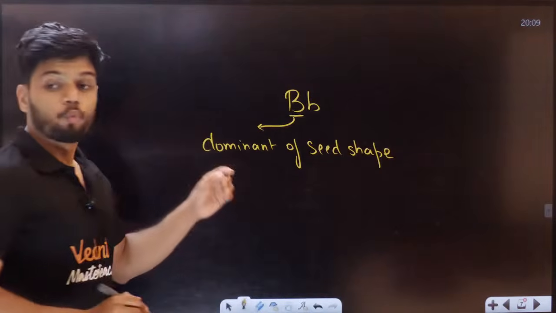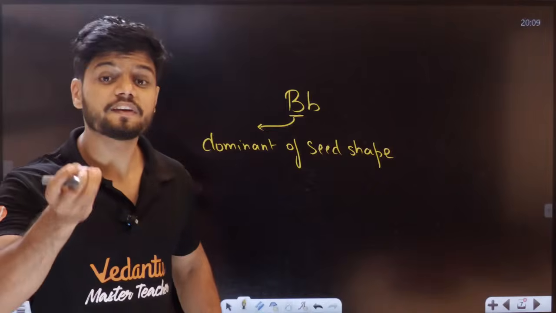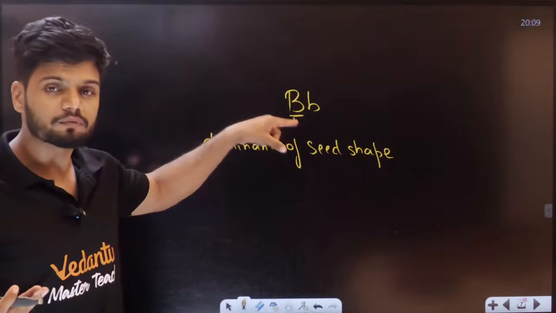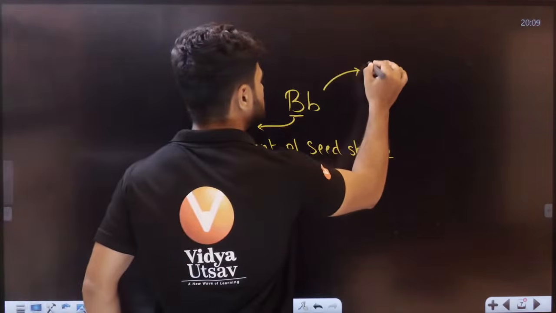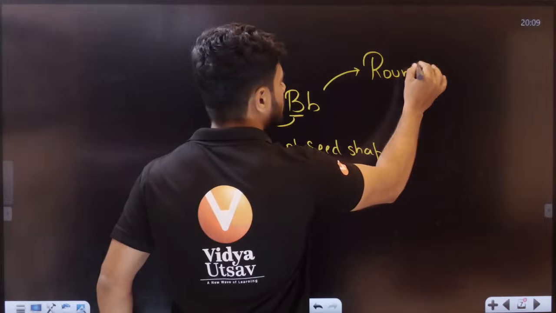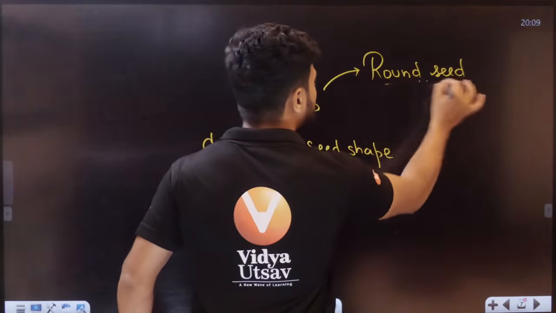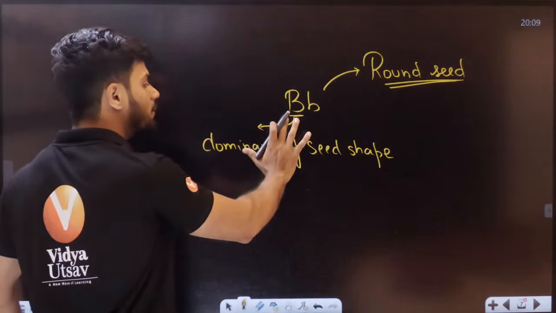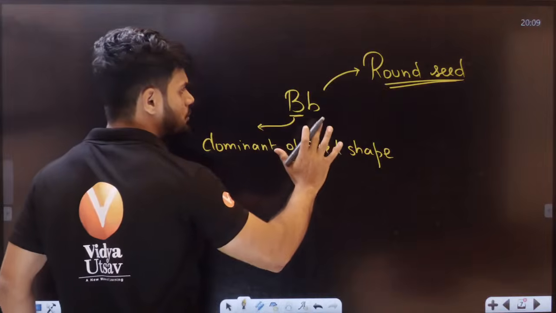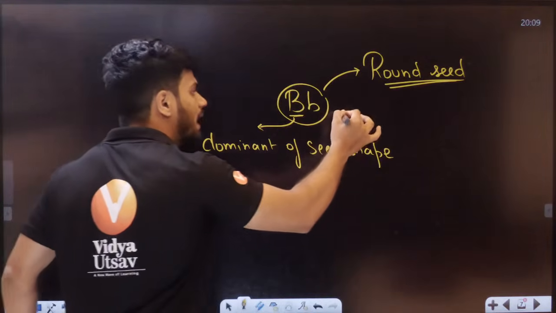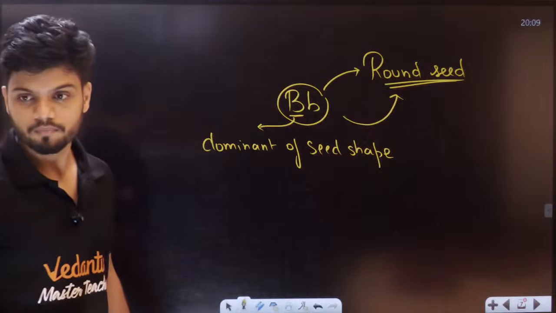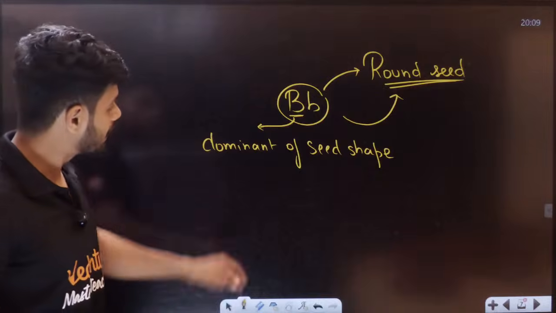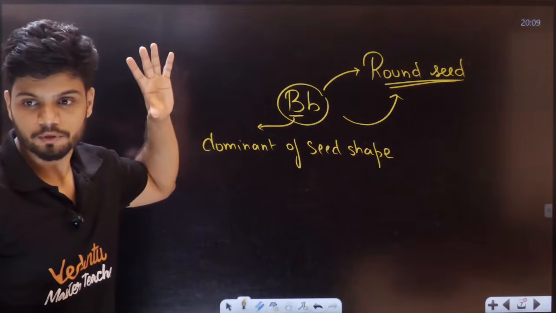Now students, tell me, what will be the phenotype of this genotype here? The phenotype of this genotype is going to be round seed. All of you agree with me? Because this capital B is dominant for seed shape. So this dominant trait is going to be round seed. So this genotype will have this phenotype. Yes or no?